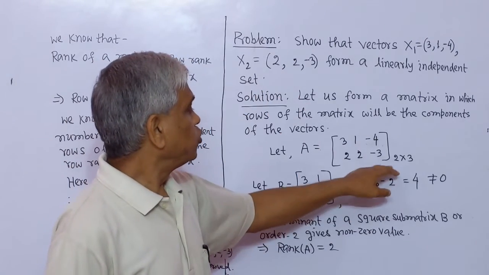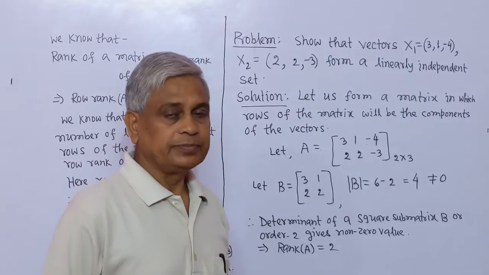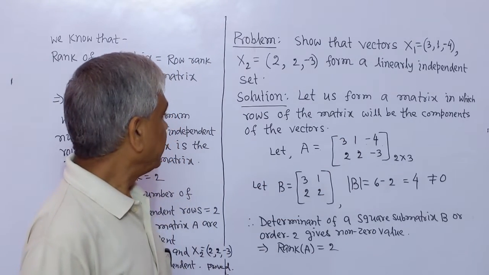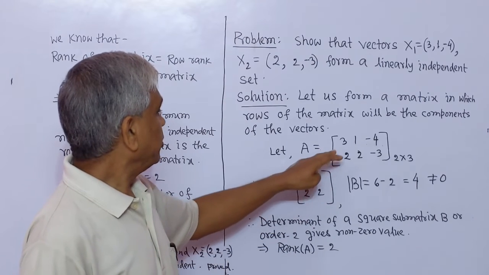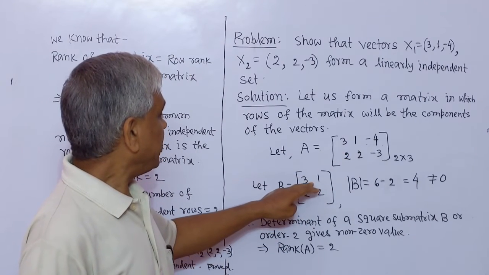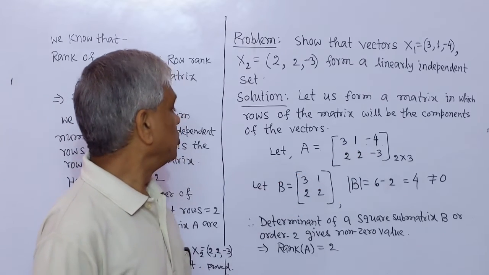This is a 2 by 3 matrix, 2 rows and 3 columns. Let B be a submatrix in which the elements of the first row are 3, 1 and the second row 2, 2.